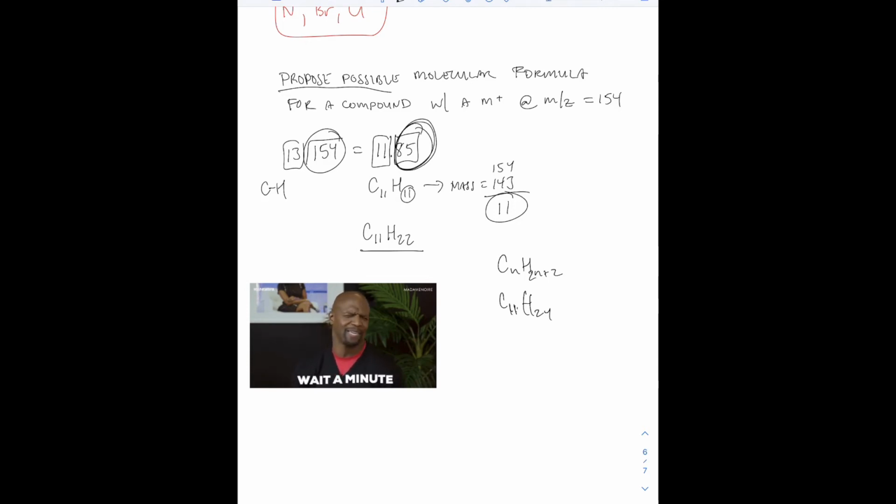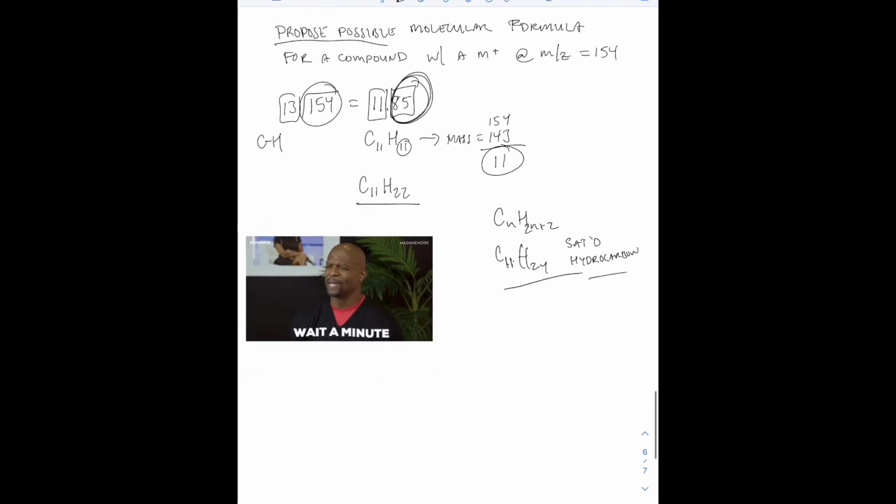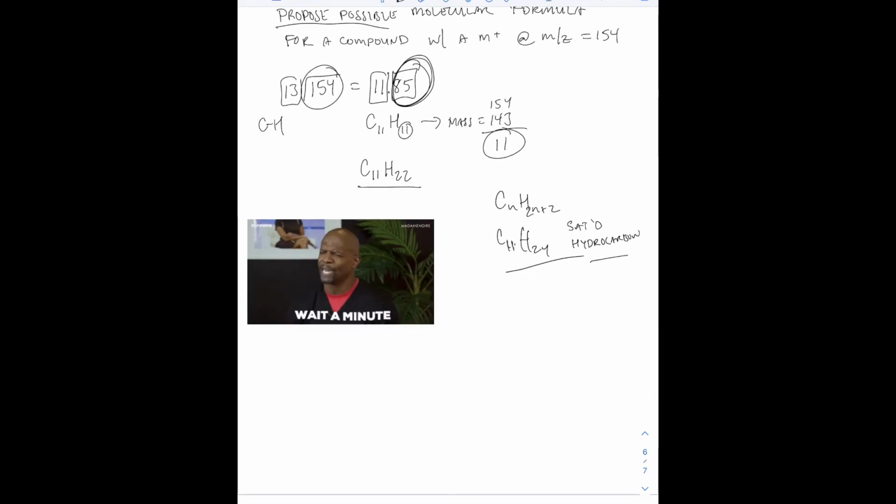Yeah, you would be correct, for remember this is a saturated hydrocarbon, so that's a straight chain hydrocarbon with nothing fancy going on, and it has all the hydrogens that it can possibly have. But we can have ring structures. Remember cycloalkanes can have the formula CnH2n, and that would actually work out perfectly for us because that would be C11H22, which is exactly what we proposed.